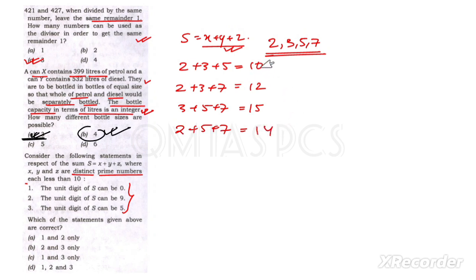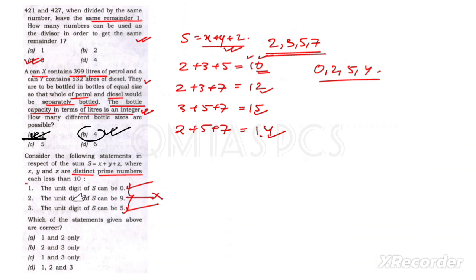Now check the unit digit. Which one is the unit digit? Obviously, the last one. So the unit digits are 0, 2, 5 and 4. Look at this: 0, 2, 5 and 4. So 0 is a possibility, 5 is a possibility, 9 can't be possible.